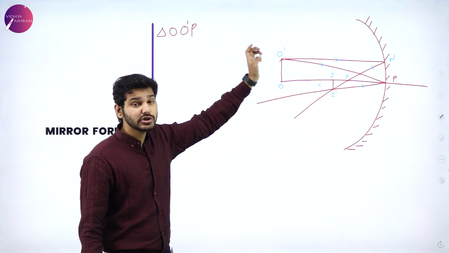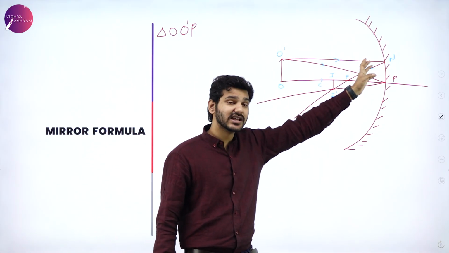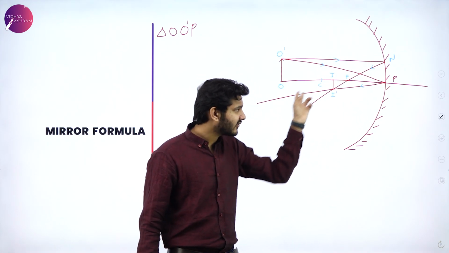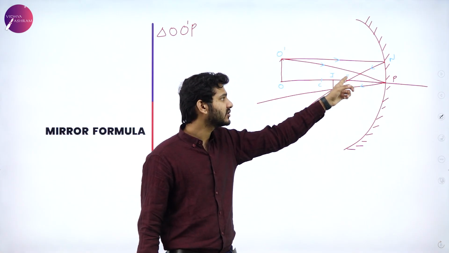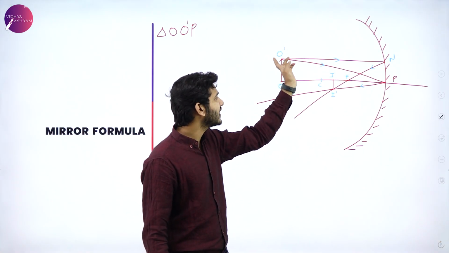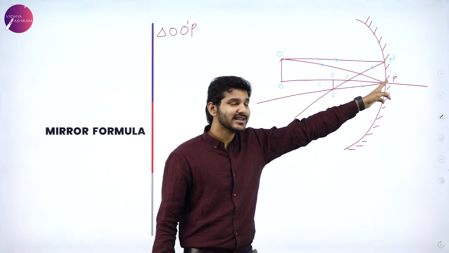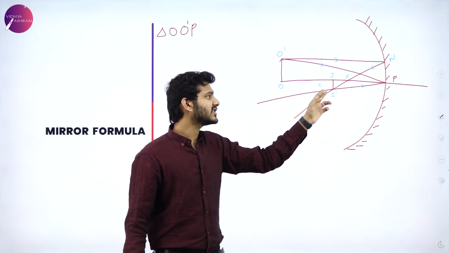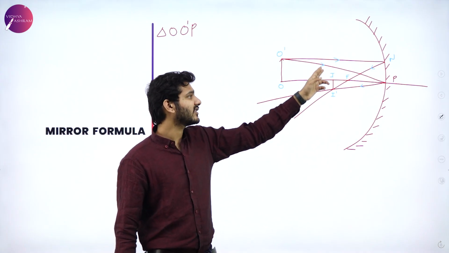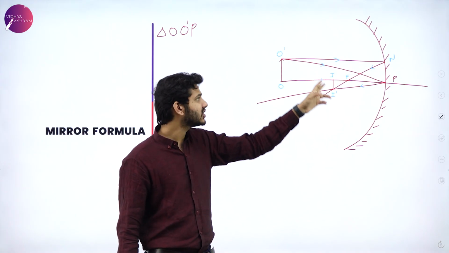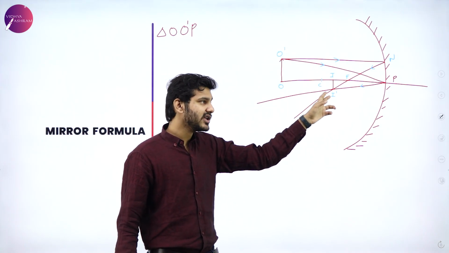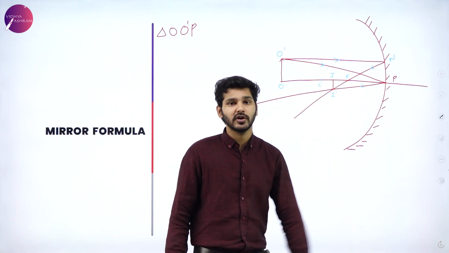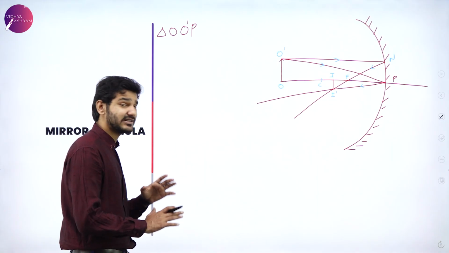We are assuming 2 rays of light pass and are incident on this mirror. One ray passes through this point and gets reflected like this and passes through the focus point F. One more ray is directly incident on the principal axis and also passes through like this. Both these rays cross over at one point, that will be the height of the image, and this is the object and this is the image. The image is formed in between the center of curvature and the principal point P. So all this is basics.